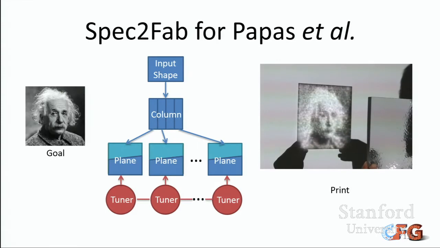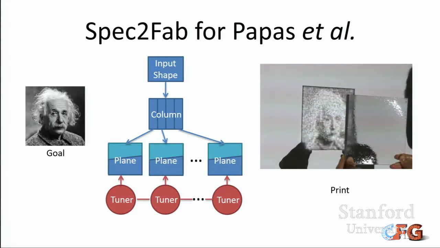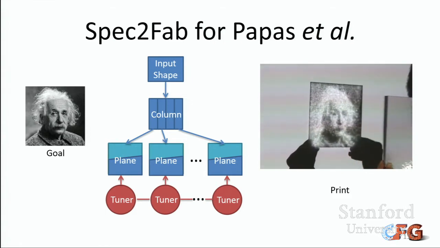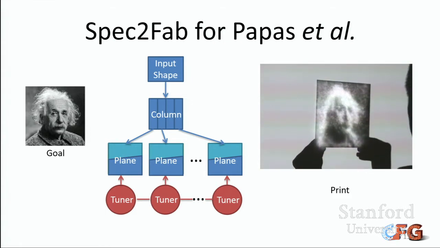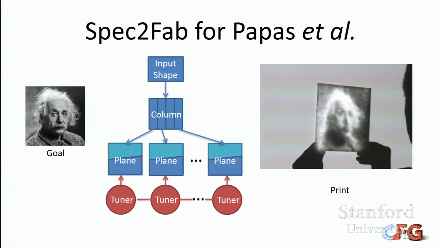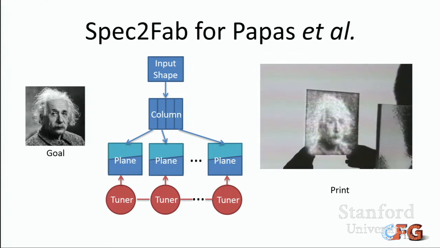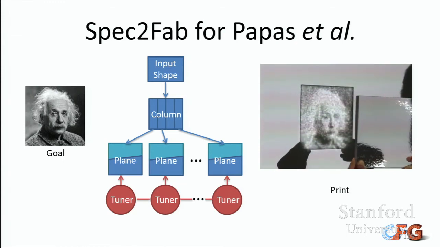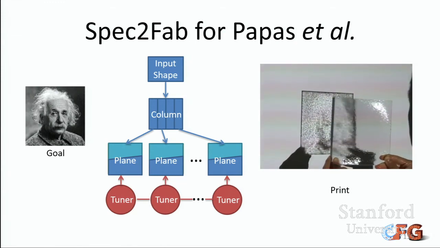These structures also allow you to analyze different types of spec to fab translation processes. So in this case, we can actually compare different algorithms that people have proposed. This is a structure for the so-called goal-based caustics. These are very complex lens structures that are 3D printed.